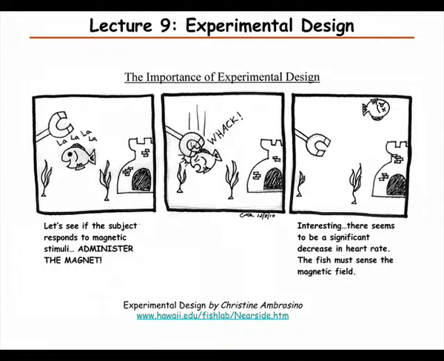Experimental design is very important, and it's very easy to get it wrong, and very easy to bring up examples where it really goes wrong. I have come across many cases of people who have done some very bad experiments.